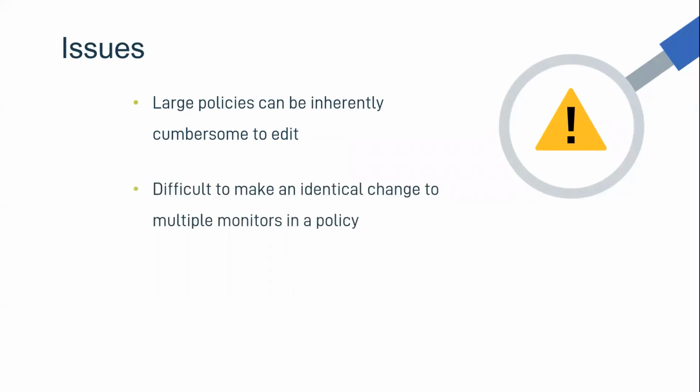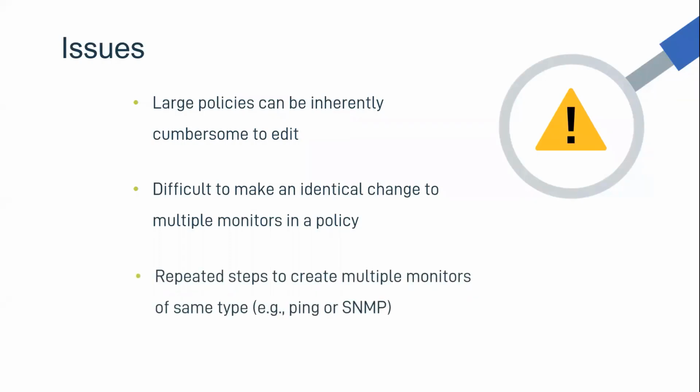especially if you need to make an identical change to multiple monitors in a policy. For example, what if tickets are turned off by default and you want to turn them on across the board? Or what if you need to create a policy with multiple instances of the same monitor type? A common example of this is a ping policy to monitor your customers' firewalls.